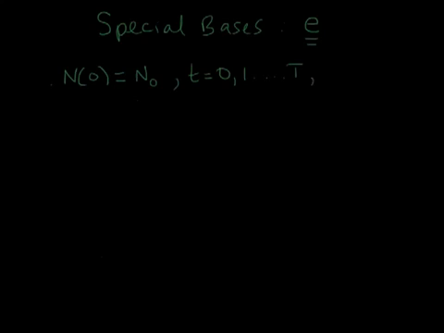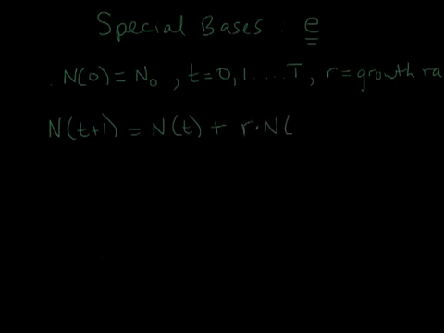And we're going to define another quantity, which is r, which is the growth rate of our population, by which I mean the number of individuals at time t plus 1. We're going to define that to be equal to the number of individuals at the previous time, plus some proportionate increase. So the growth rate times the number of individuals that there were before.